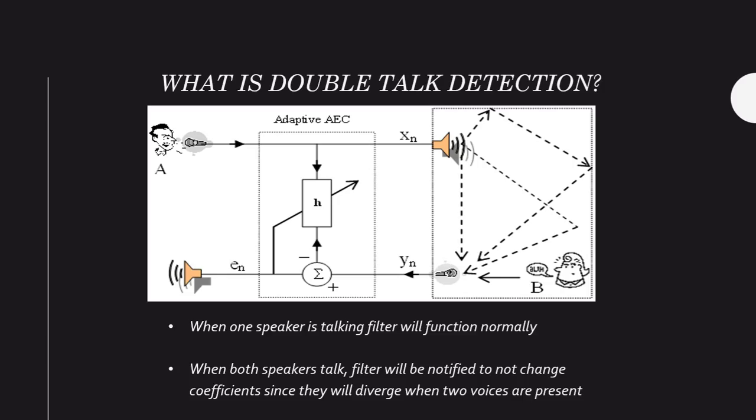But when two speakers are talking, it assumes that that is just one speech signal, and it'll mess with the coefficients and cause them to diverge, which is why we need to detect when two speakers are talking. We can tell the echo cancellation algorithm to not change the coefficients while there are two speakers, which will allow it to function normally.